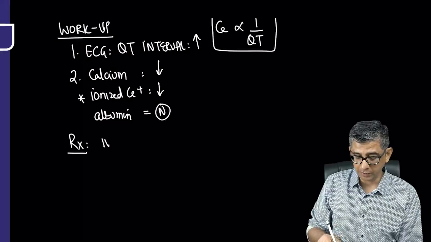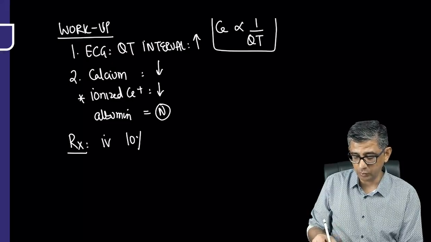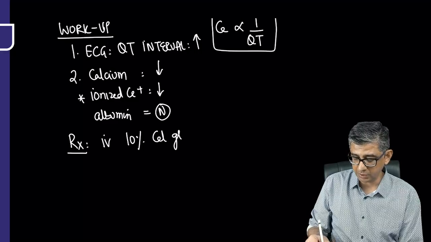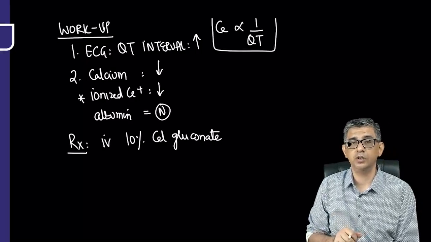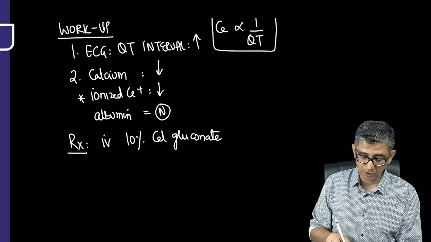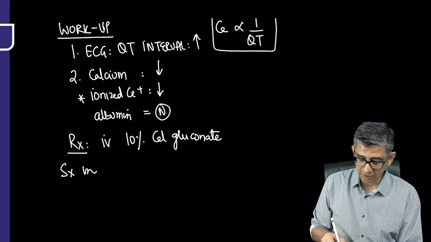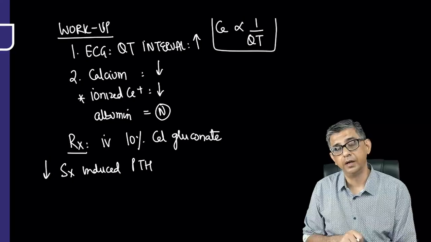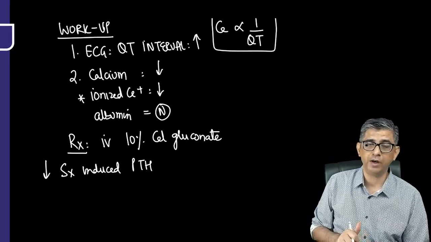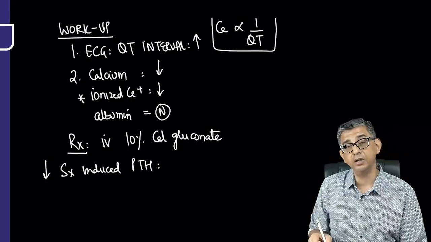For the treatment of these patients, IV 10% calcium gluconate will be given. That will help in tiding over the initial crisis, but this is not a permanent solution, because in any patient who's having surgically induced hypoparathyroidism, I told you, you can easily prevent it by going in for parathyroid reimplantation, but that was never done in the patient.